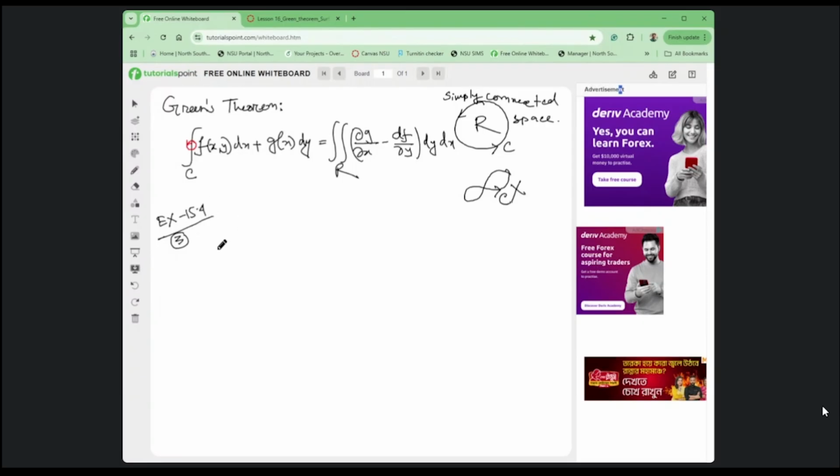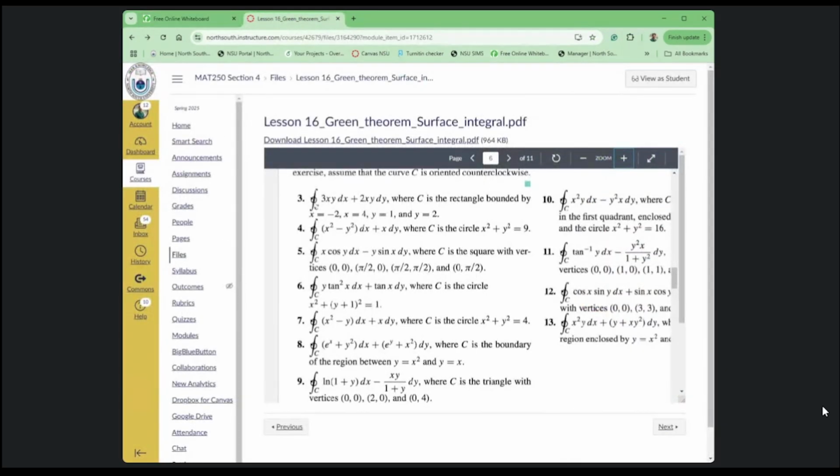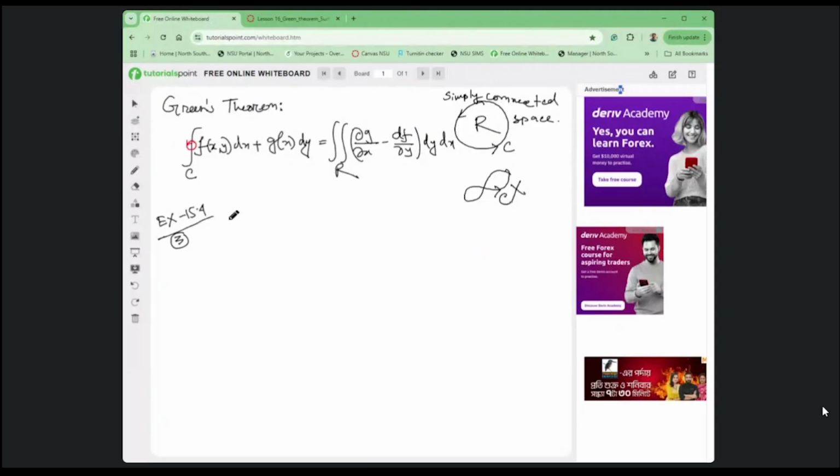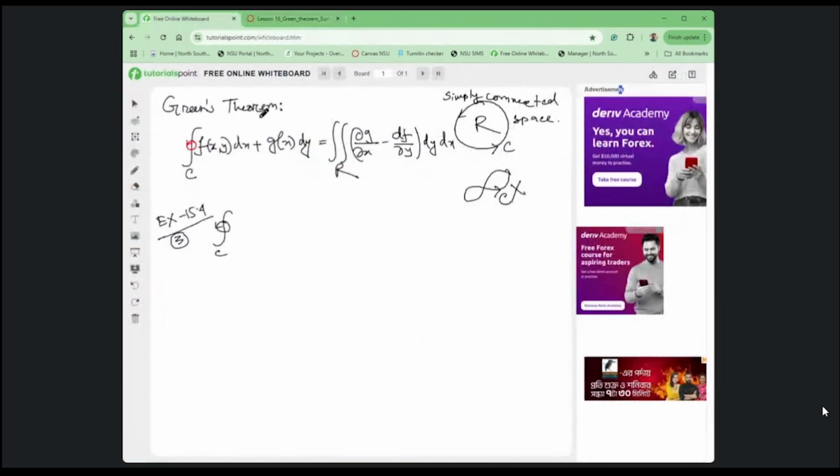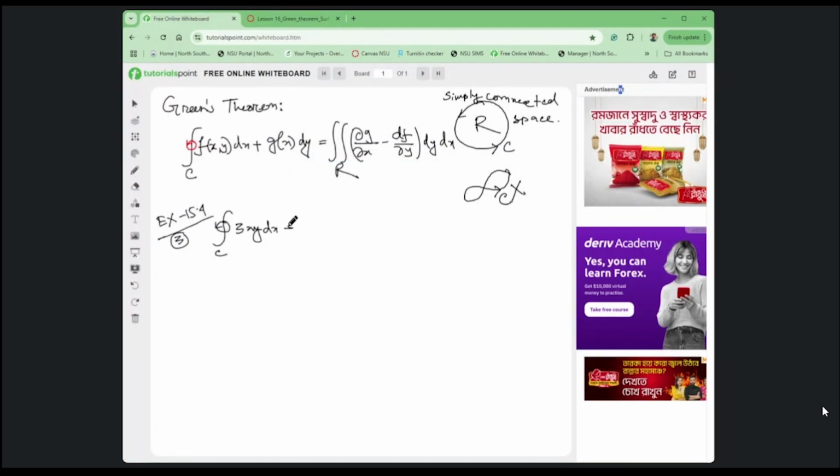So our first problem, let us write down the problem. Look here, we said that the movement along the circle should be anti-clockwise, and this is what we have chosen here according to the question. We have 3xy dx plus 2xy dy.